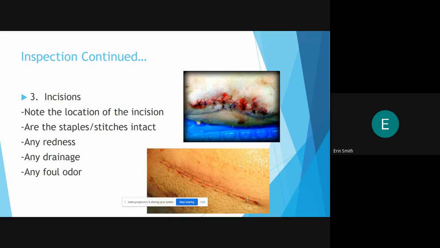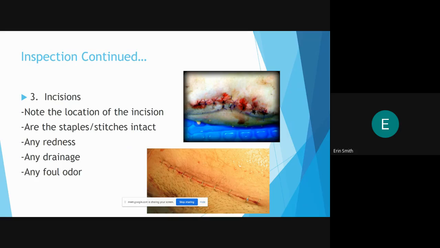But when you start seeing an abnormal amount where your patients are actually seeping through a bandage very quickly, or if you start seeing more of a cloudy type of or like pussy type of drainage, that obviously would be abnormal. Normal drainage should be more clear. So like I said, some drainage is normal, but when you start getting an excessive amount to where they're seeping through bandages, then you definitely want to bring that to the attention of the nurse.